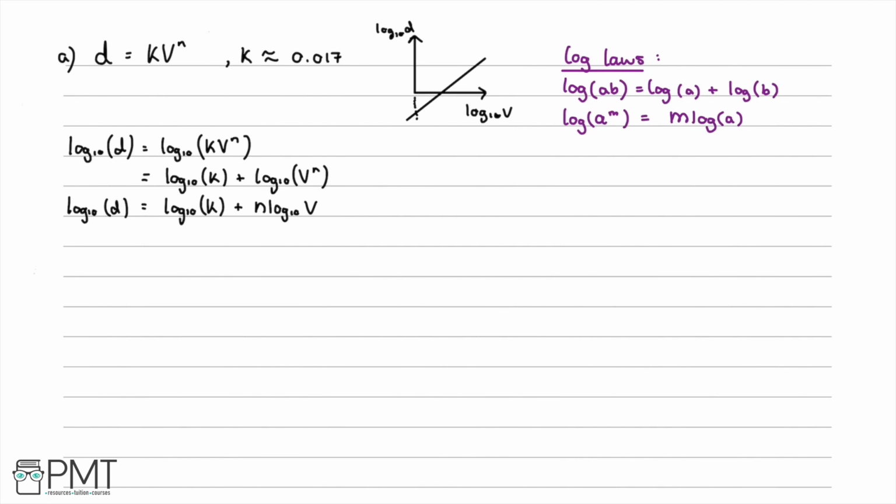Then the next thing, we recall that we're told in the question that k is approximately 0.017. So we can substitute this in.